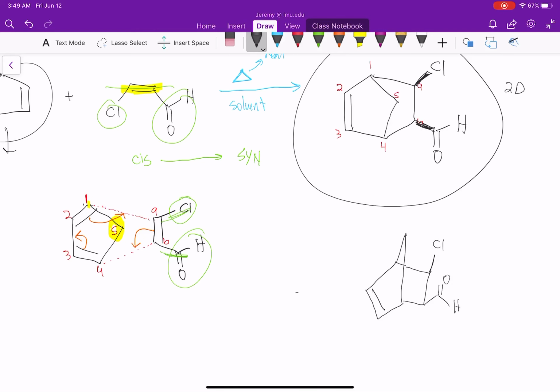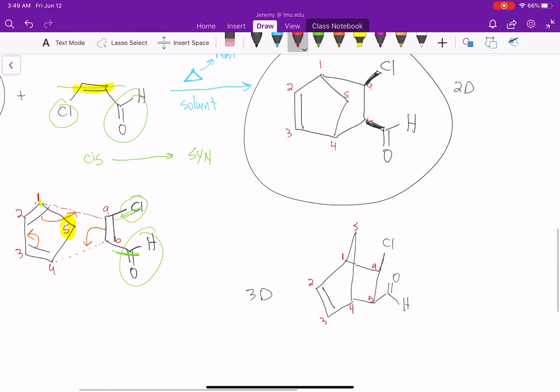So you may see some 3D drawings of this: carbon 1, 2, 3, 4, 5, and A and B. But if you're not comfortable drawing the 3D model, it's fine. You can just draw the 2D version of this.